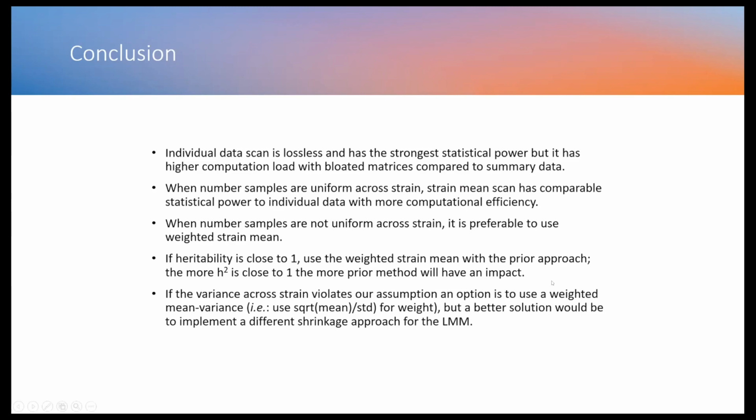So now you can ask the question: what happens if the variance violates our assumptions and is not the same among the strains? Well, one option would be to use a weighted mean variance, which is like the square root of the mean over the standard deviation. But really, a better solution would be to implement a different shrinkage approach for the linear mixed model.